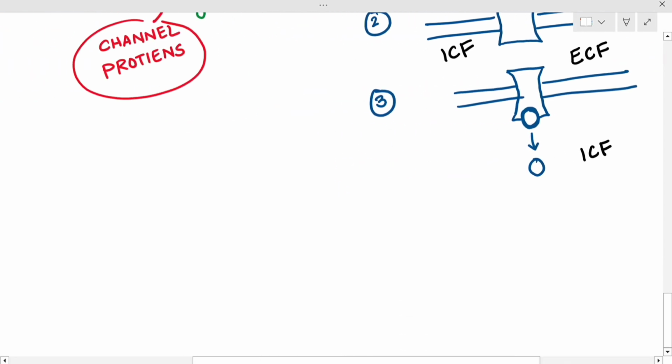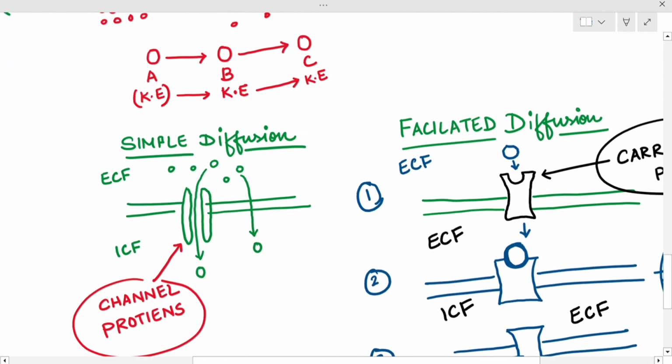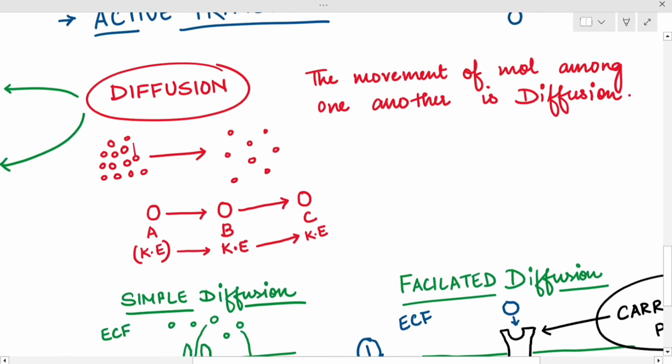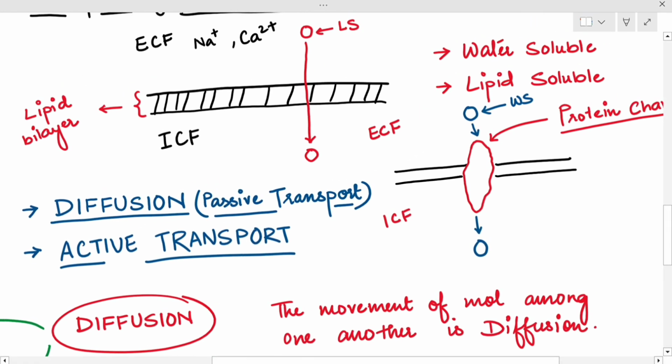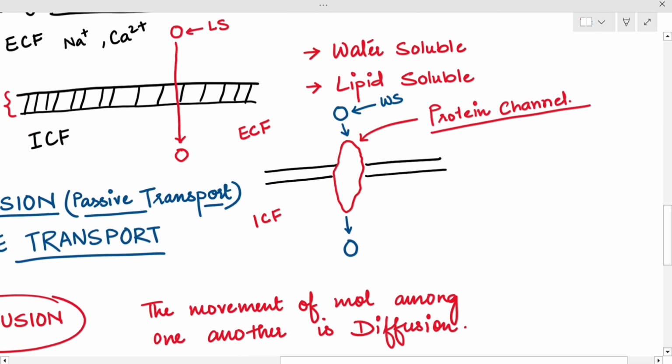Now, in the first part, we already discussed how water soluble substances and lipid soluble substances get transported. Water soluble substances get transported with some specialized protein channel, and lipid soluble substances get transported directly by simple diffusion across the lipid bilayer. Okay.